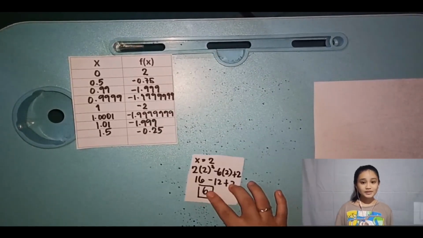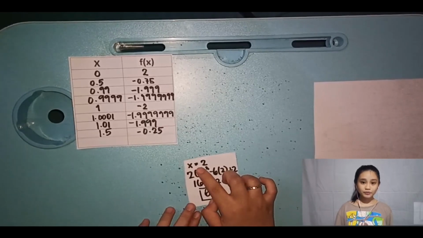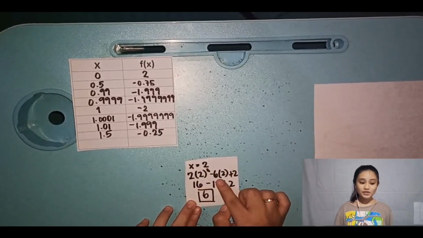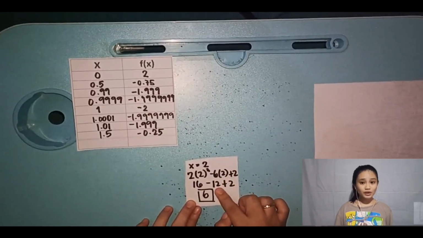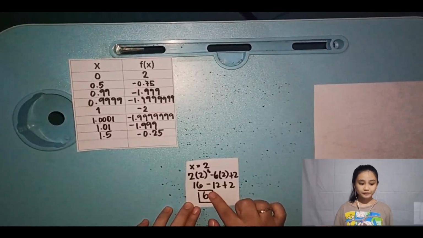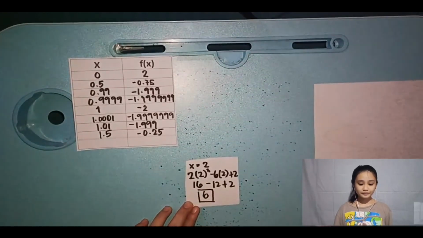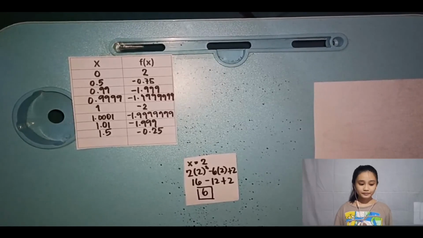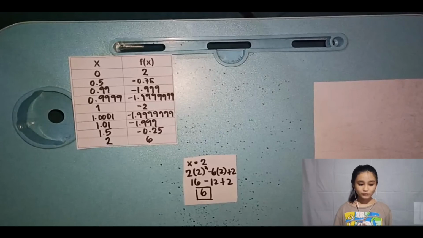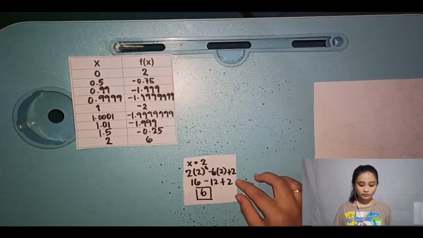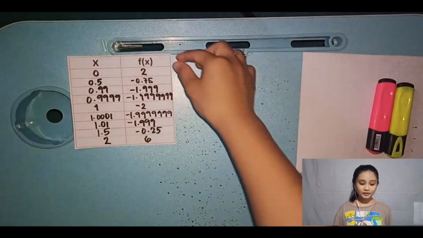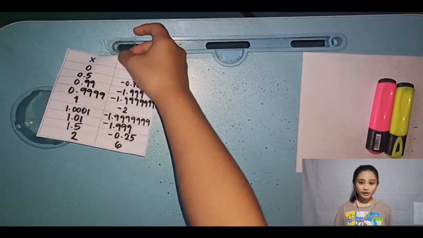Lastly, let's substitute 2 into the equation to complete the table of values. 2 times 2 cubed is equal to 16 minus 6 times 2 is equal to 12 plus 2 equals 6. So this is how the table of values looks.